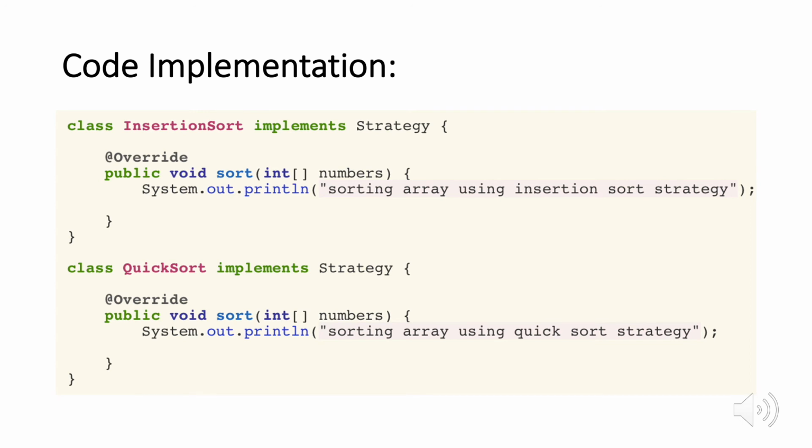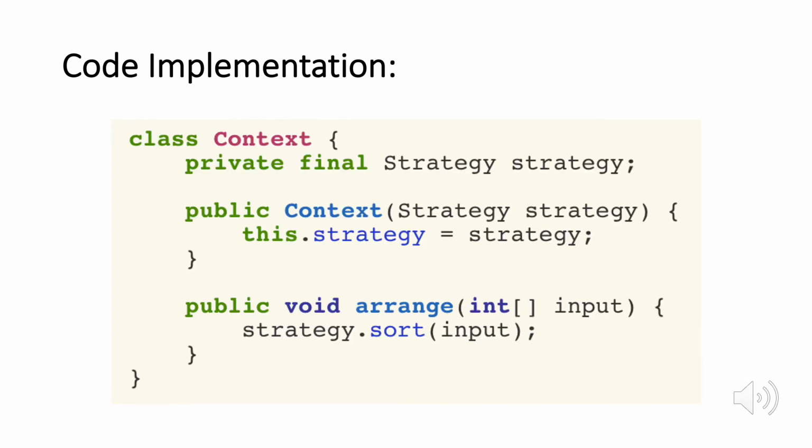So you can see that here we have written the three concrete strategies for performing the bubble, insertion and quick sort. If you have further sorting options, then you can write different strategies, different concrete classes for them also. Now you can see that inside the context class, there is a reference of strategy.